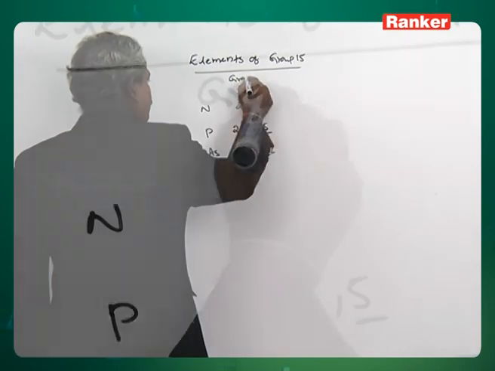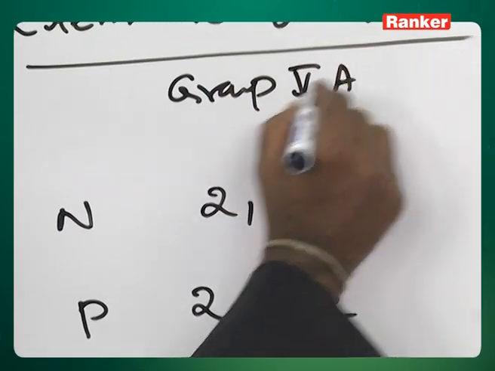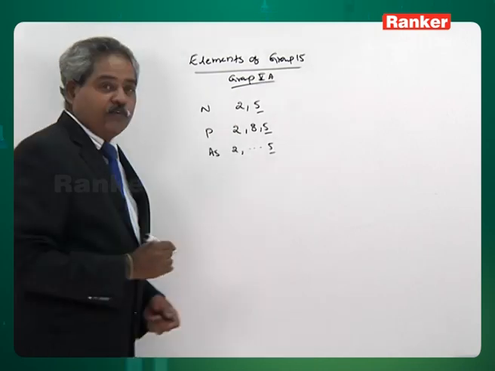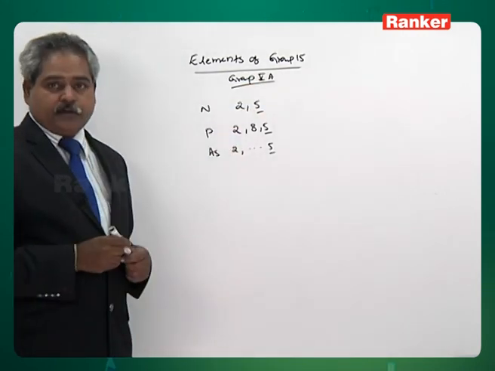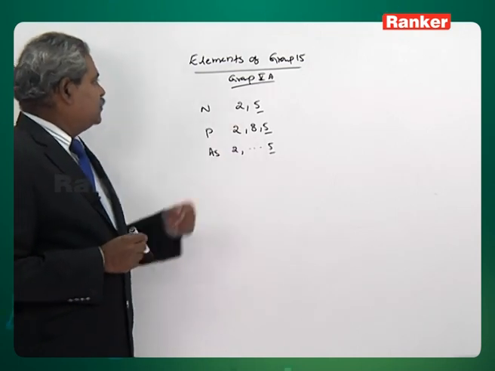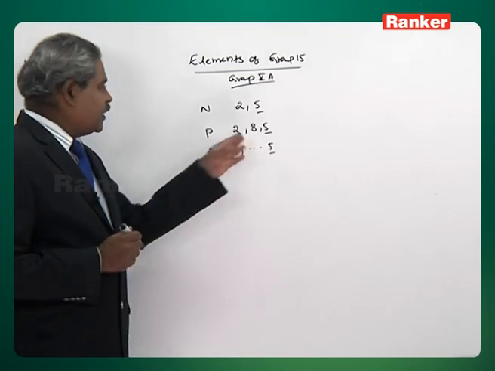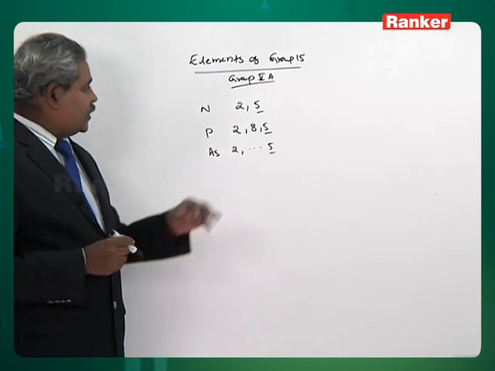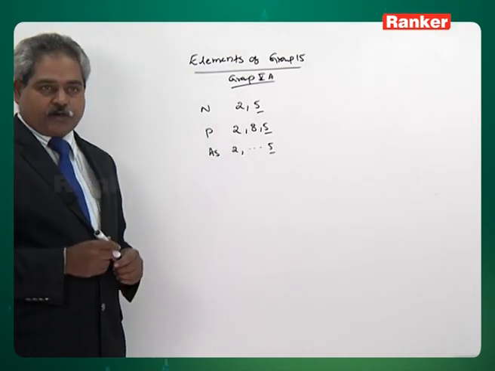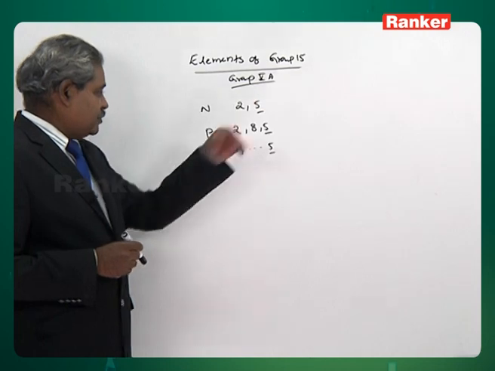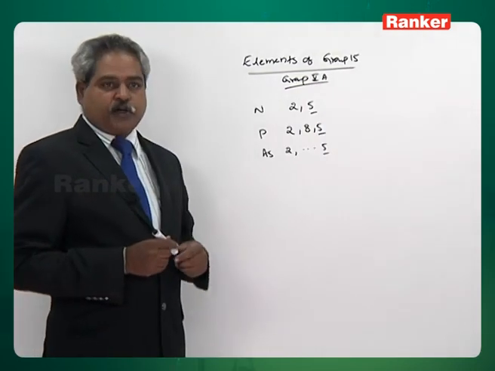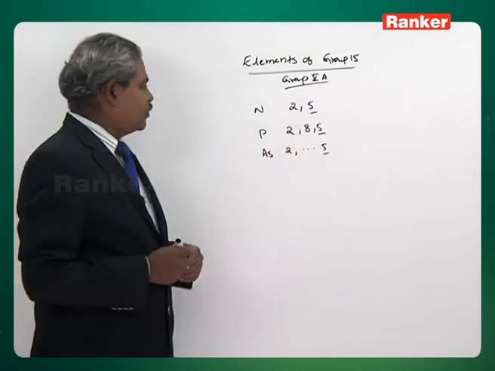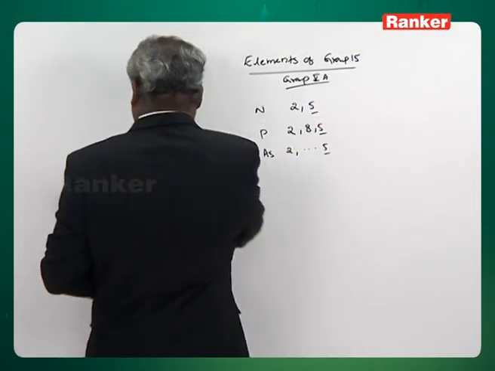Elements of group 5A is the heading. So they have 5 electrons. Therefore, this old Roman numbering will at least remind you of the valence electrons. Elements of the 7th group have 7 electrons. The 5th group is 3 short of the octet. So group 5A.